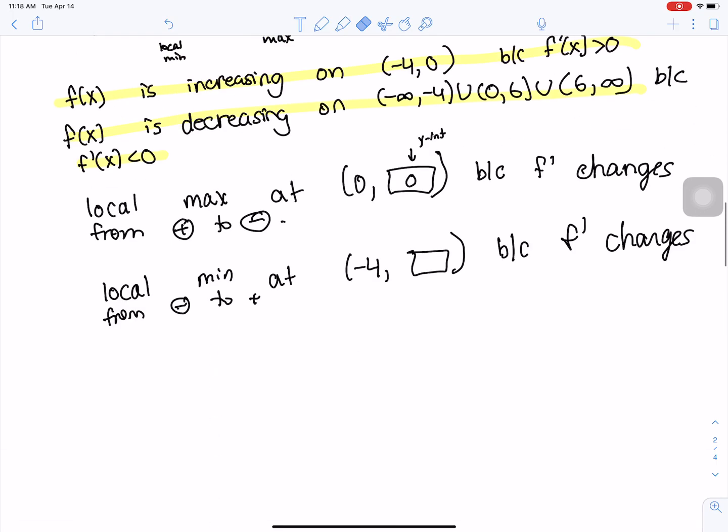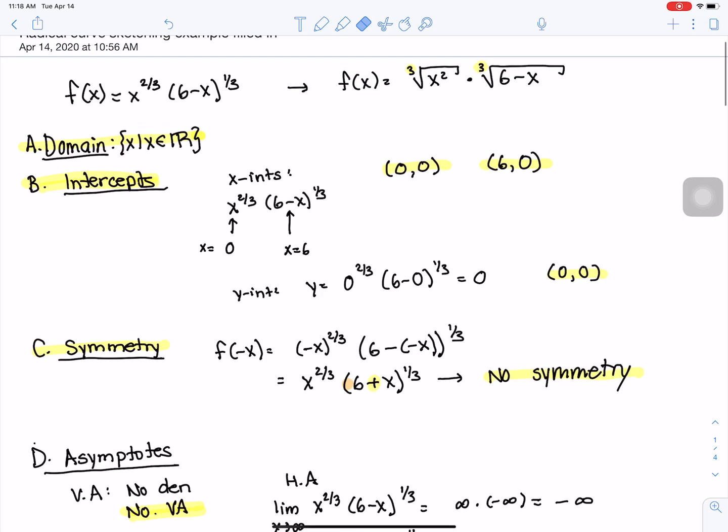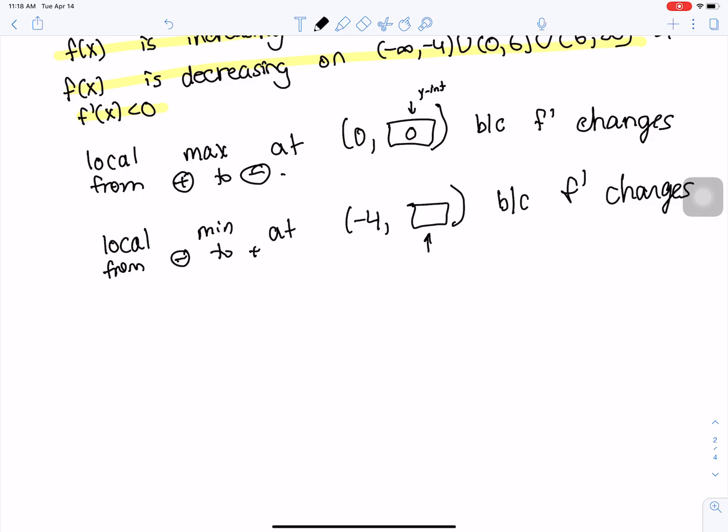Okay, so at -4, I want to sub it back into my original function. So when x is -4, y is equal to, let's look back, -4 to the 2/3. So that's squaring -4, which is 16. So that's the cube root of 16. 6 minus a -4 to the power of 1/3.